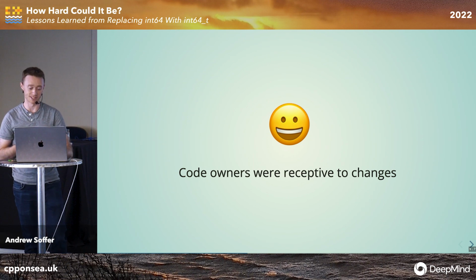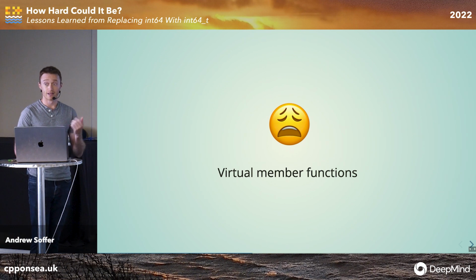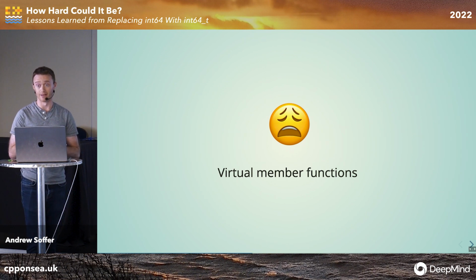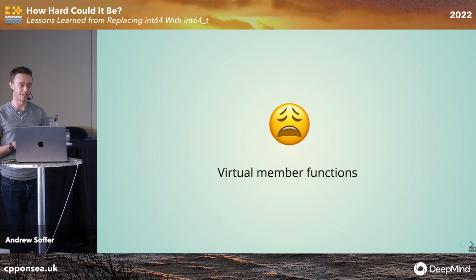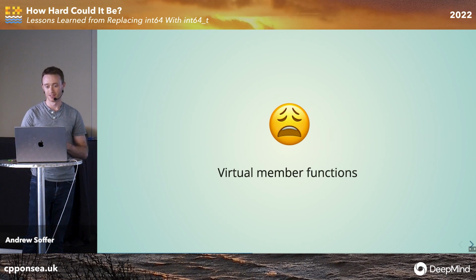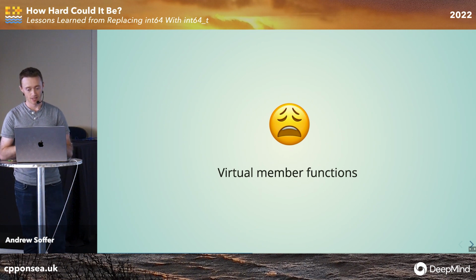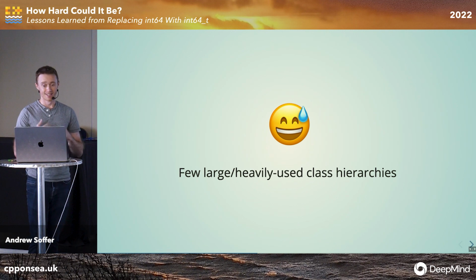But it wasn't just smiley faces, right? There was some difficulty here. And yeah, virtual member functions are a real pain. As you saw in Kristen's lightning talk, we do a lot of automated refactoring. You'll see more of that later on in this talk. But we don't really have tools for virtual functions. This is really just a matter of elbow grease. Okay, but one of the places where we got lucky here was there are actually very few large class hierarchies.